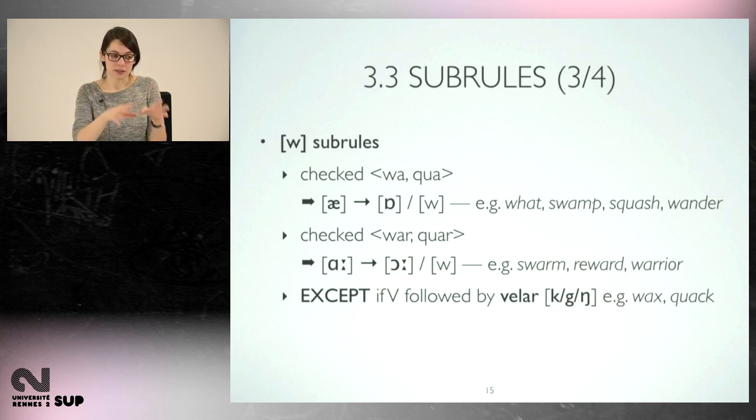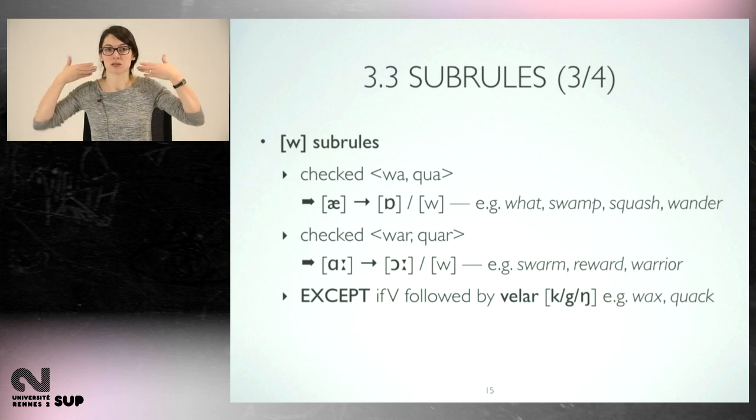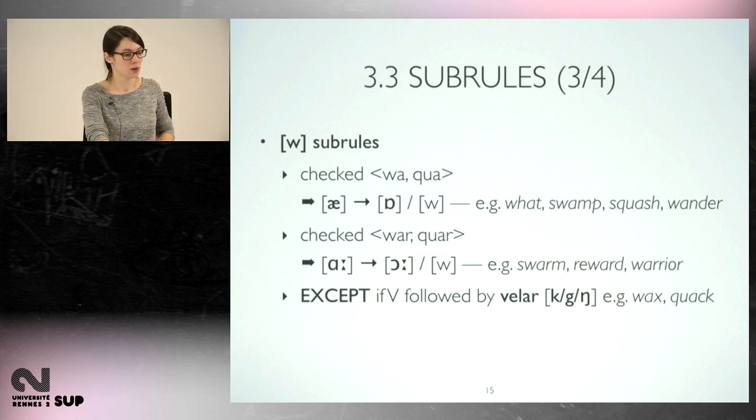So in these cases, the w has no influence because your articulation basically moved from the front of the mouth to the middle, to the back of the mouth. So no influence of the w sound when the vowel is followed by k, g, or n.